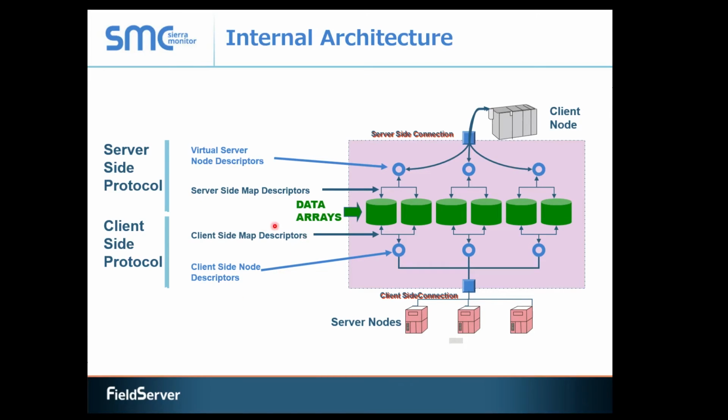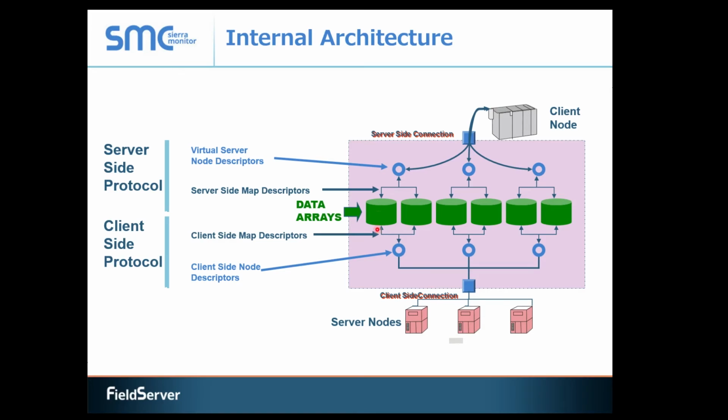So back to our client-side map descriptors. We're mapping data from the server node into a data array, and in order to do that we need to be able to do the following. We need to be able to say, go to this Modbus device, fetch the following registers, and store them in the data array starting at this offset in the data array.